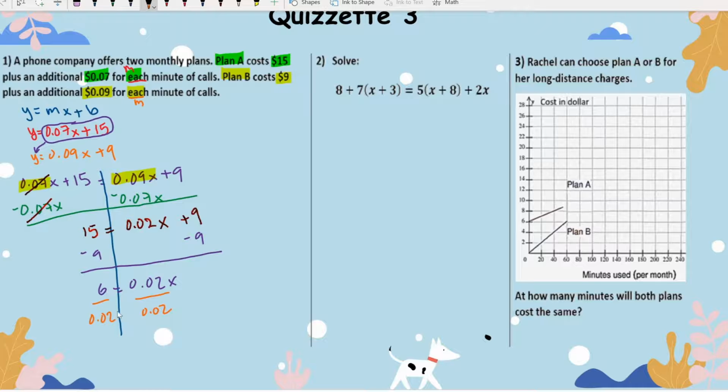I don't have a calculator with me, so the trick you can do is move the decimal point 2 places over and then add 2 zeros to the 6. So we will have 600 divided by 2, that will be 300 equals x. If you plug in 6 divided by 0.02, you will have 300.